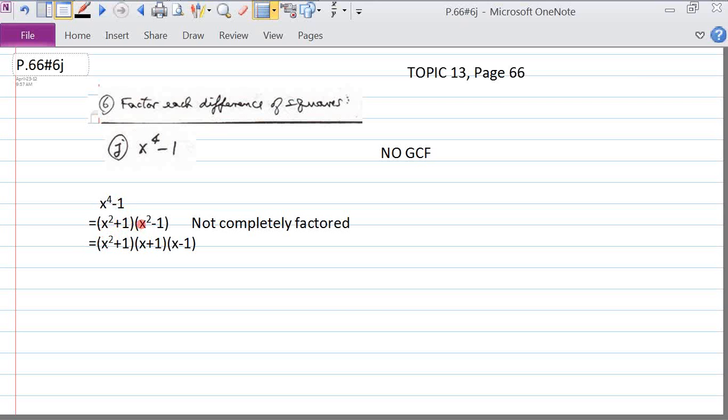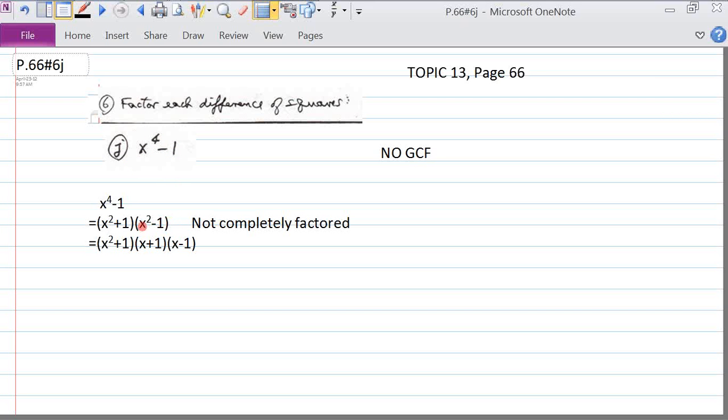This term is identical to this term. This term is identical to that. The only difference here is that one is plus and one is minus. So what happens here is that the inner term plus x squared is canceled by the outer term minus x squared. So we only have 2 terms, the first times the first and the last times the last.